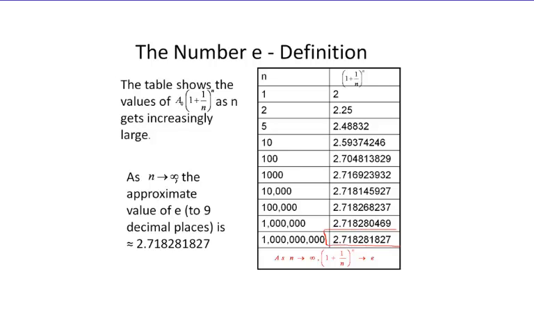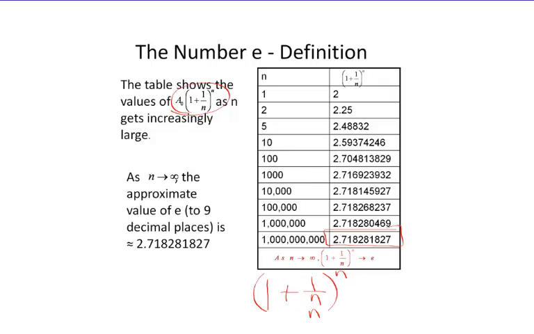We talk about the value of e. It turns out that we have an expression of (1 plus 1 over n) to the n.